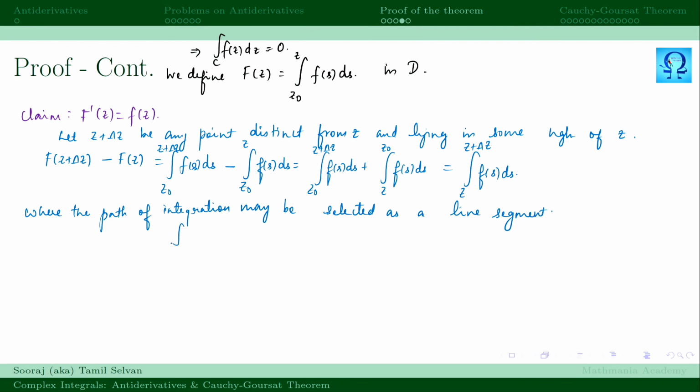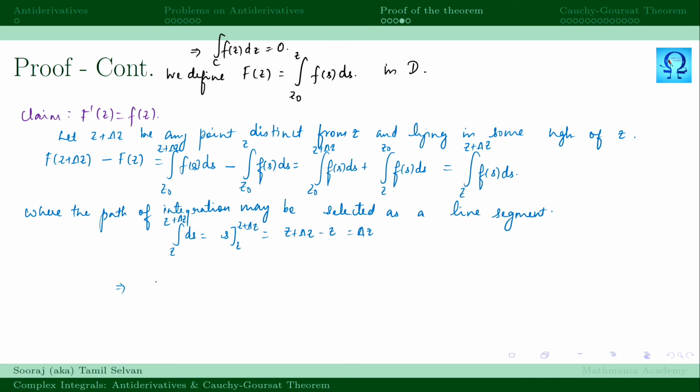Okay, now what is the integral z to z plus delta z ds? This is simply s, substituting the limits. So you will get z plus delta z minus z, which is simply delta z itself, right?